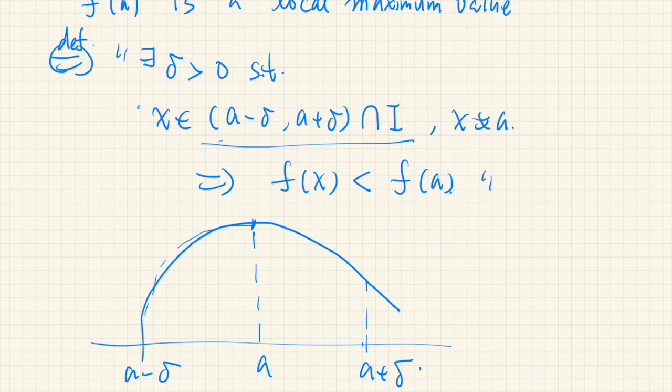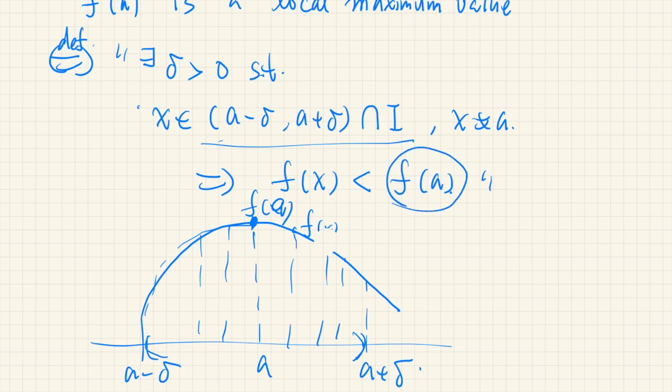If x is somewhere in this open interval, then everywhere in this interval, the value of f of x is less than the value of f of a, as long as x is not equal to a. So that means if we consider only this open interval, f of a is the maximum value of the function.